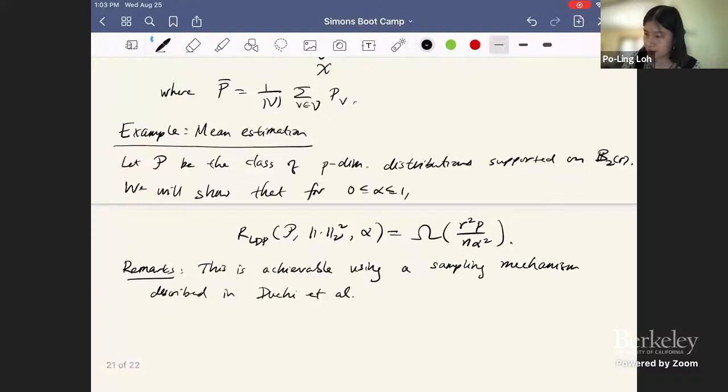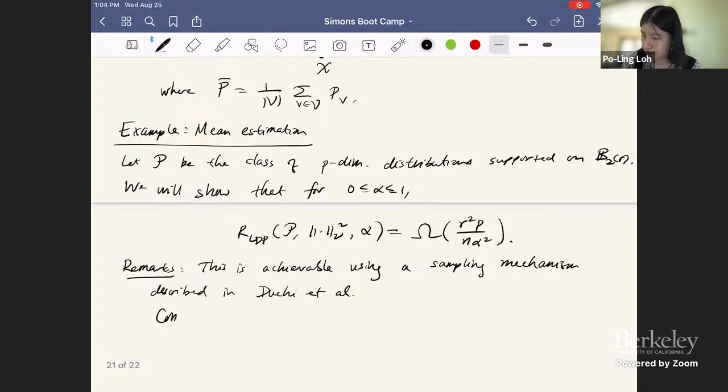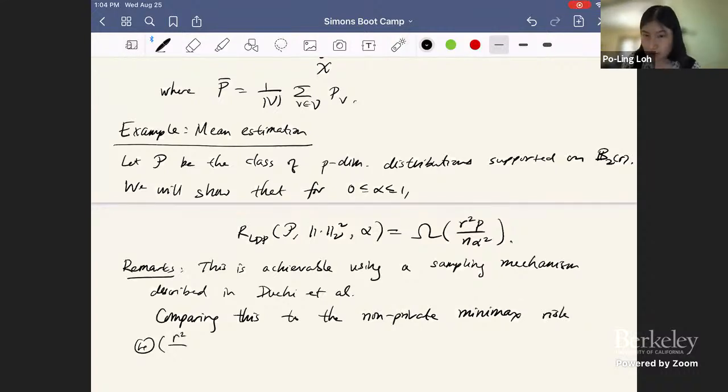But maybe the one thing to remark on that carries a bit of information is that comparing this to the non-private minimax risk of theta of r squared over n, the effective sample size goes from being n to being n alpha squared over p.